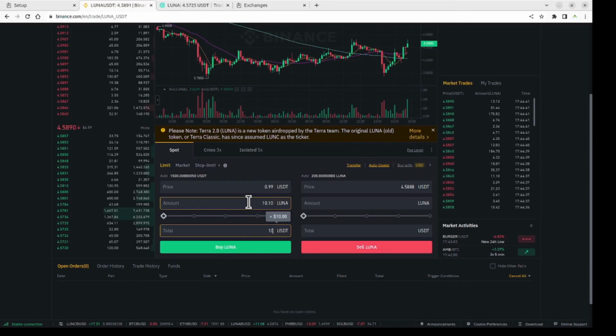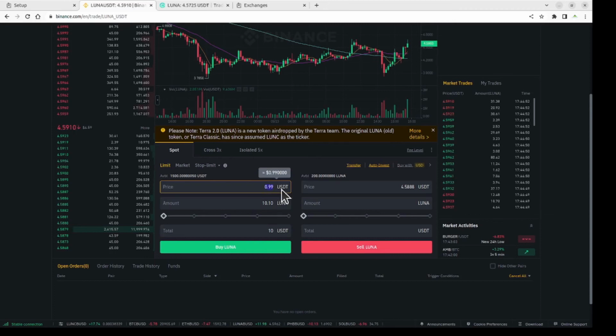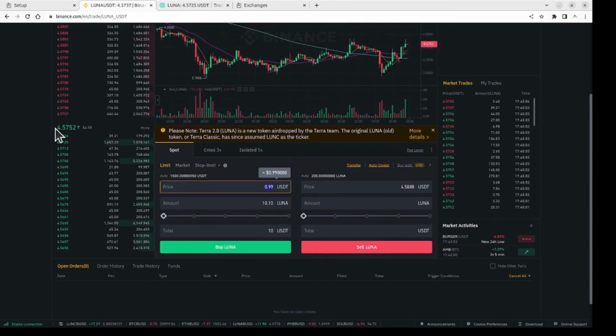Then let us put the total 10 USDT and see what the amount is calculated to, which turns out to be 2.85, which is still bigger than the Coinex value of 0.5. But remember, if the price drops below this 3.5 USDT, we will need to update our bot with the new number at the new price.